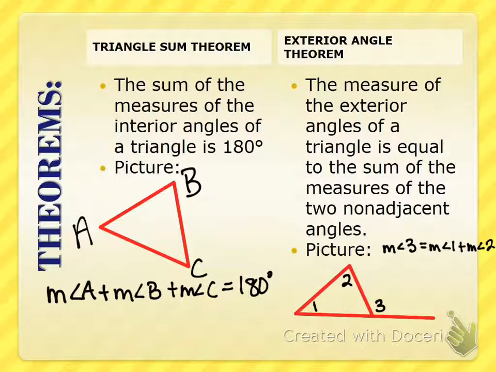So that means we would not use this interior angle right next to angle 3. The exterior angle theorem can be used, of course, to find an exterior angle. But if you are told an exterior angle, you can also use this setup to find a missing interior angle.